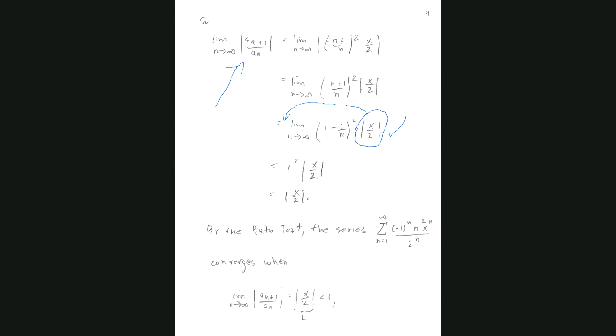So by the ratio test, our power series converges when the limit of the ratio, which is the absolute value of x over 2, is less than 1.